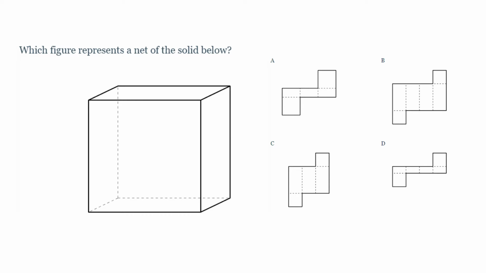As we take a look at this net, what we're going to do is identify, first of all, that it looks like they all have very similar bases, but this shape here looks like it is a base that is a square. All of these do have bases that are squares because we see two sides on either of these.